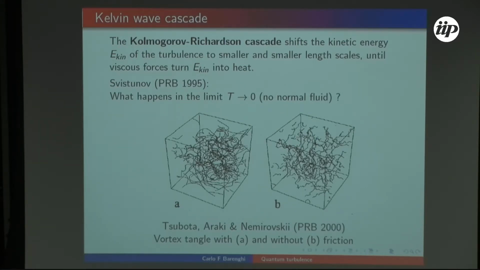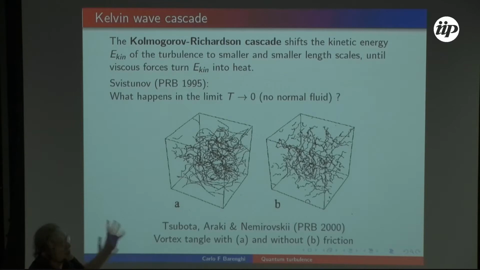So the Kelvin waves, which are in general generated by the vortex interaction, and are also particularly generated by vortex reconnections, will not be dissipated. And in fact, that has been known for some time. It was first Boris Svistunov in 1995 who started thinking really deeply about any difference between turbulence at zero temperature or sufficiently low temperature and higher temperature.